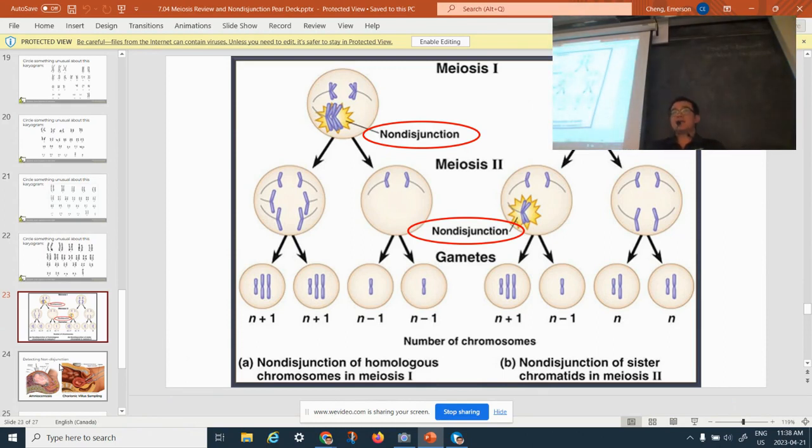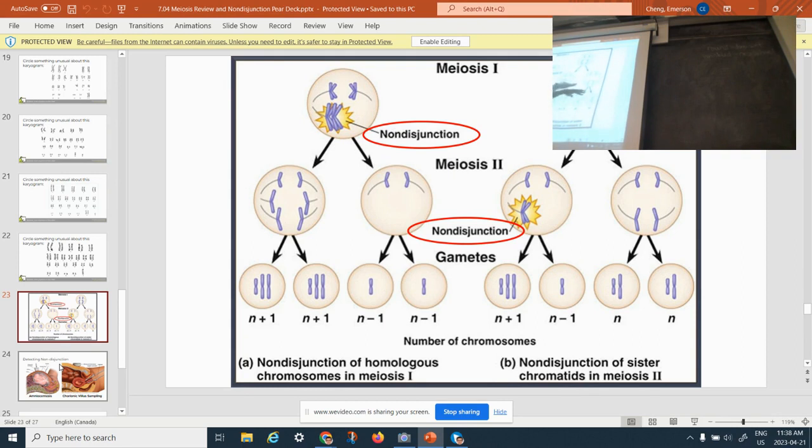The cause of this is what you call non-disjunction. Non-disjunction is when, during meiosis, usually during anaphase 1 or anaphase 2, the homologous chromosomes are supposed to split to opposite sides, but they didn't. Then you have an extra chromosome, or missing chromosomes.